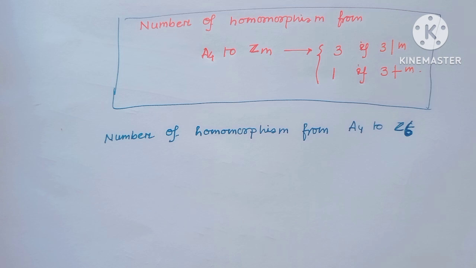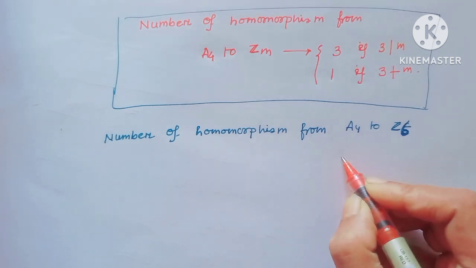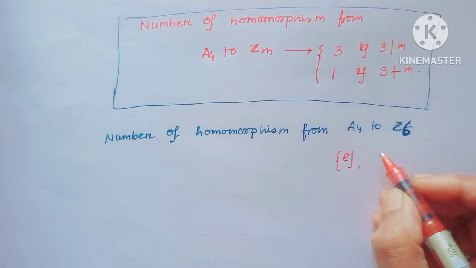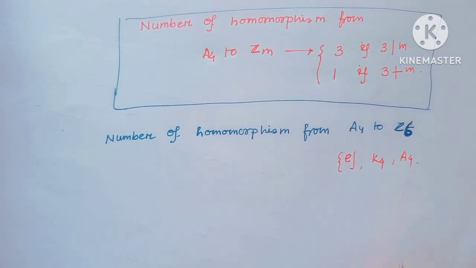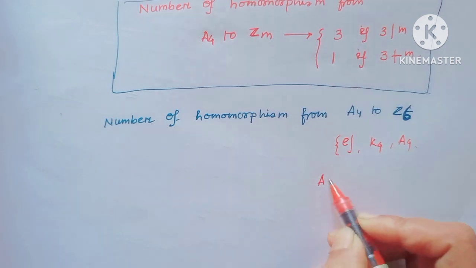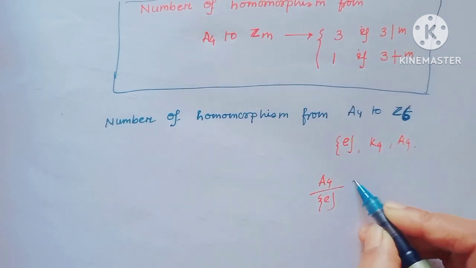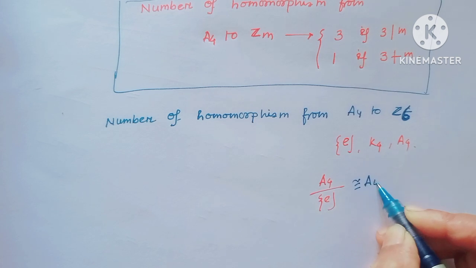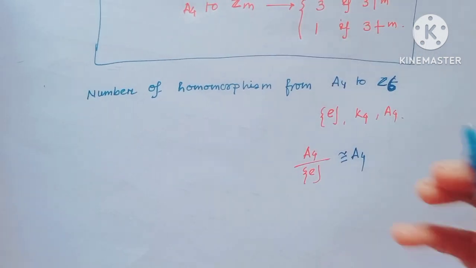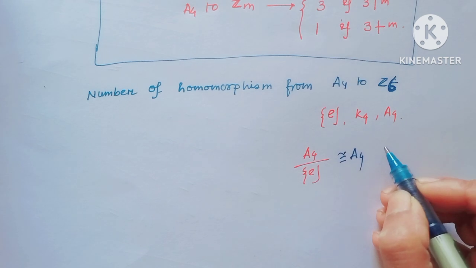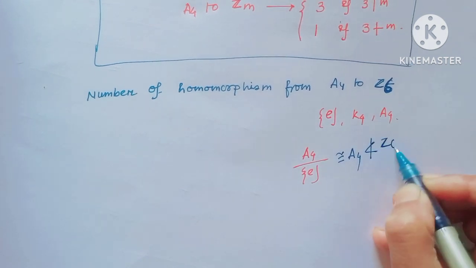Notice in A4 the normal subgroups are the identity, K4 and A4. Then A4 modulo identity is isomorphic to A4, and A4 is not a subgroup of Z6.